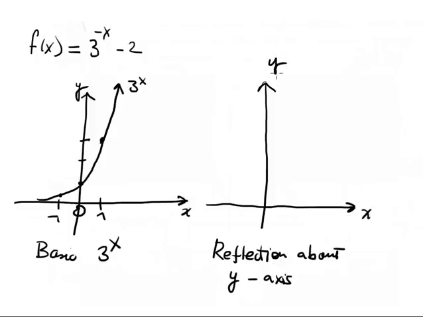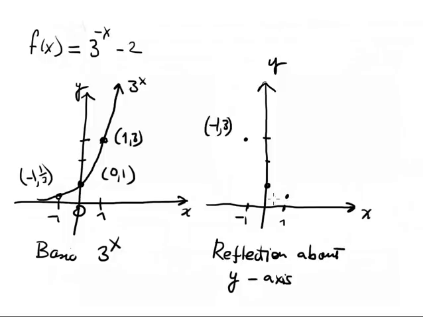In other words, for example, this point 0, 1 stays the same, but this point 1, 3 is now negative 1, 3. Negative 1, 2, 3 here. Negative 1, 3. So you change the sign of the first component.